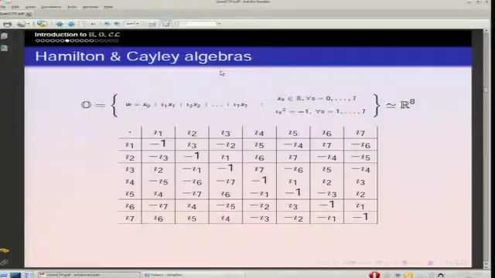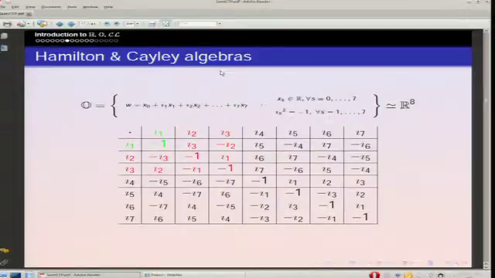However, this table allows us to see the octonions as an extension of the complex numbers and quaternions. Inside there is a copy of C and a copy of the quaternions.